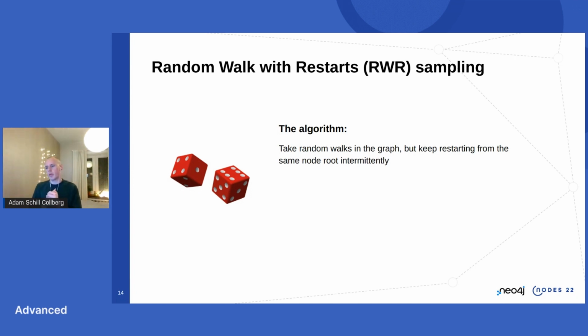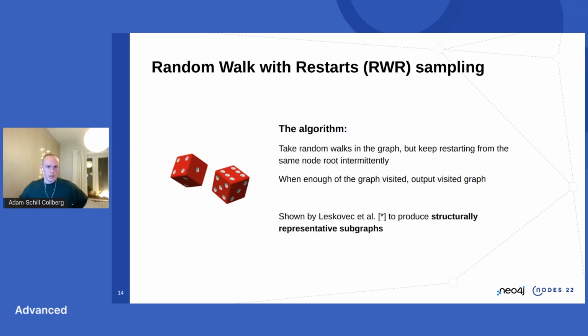By random walk, I mean we take some steps, and every time we do a step in the graph, we go to a random neighbor. Okay. And then we restart from the root node intermittently. When we have walked long enough and visited a large enough part of the graph, that will be our sample. That will be the subsample of the original graph that is the output of the sampling.